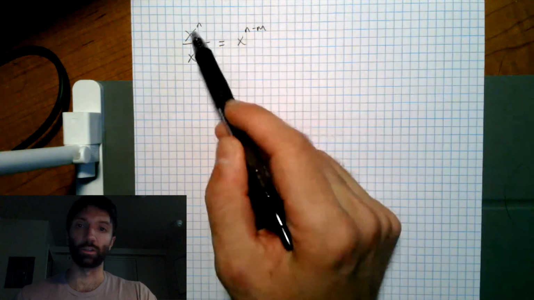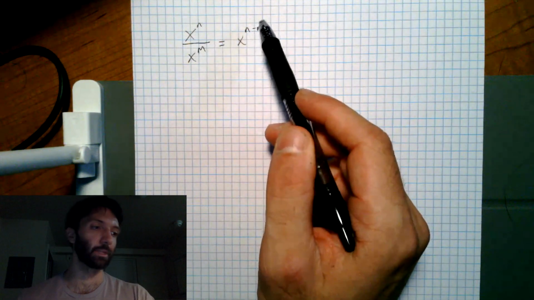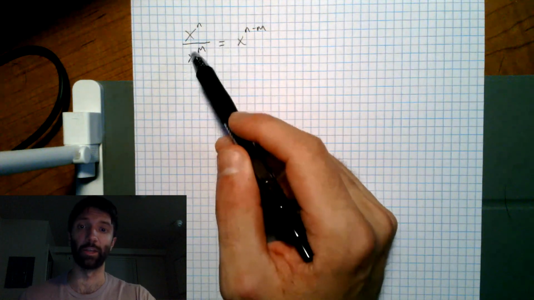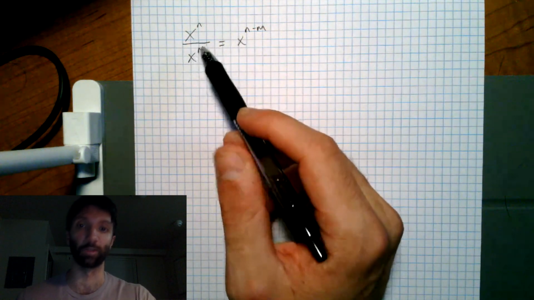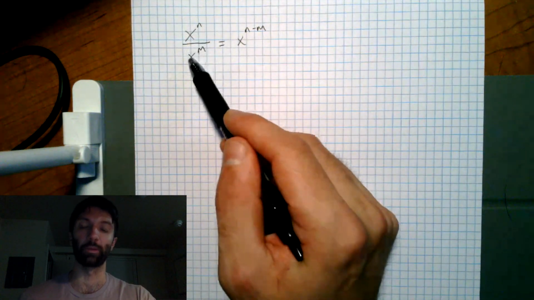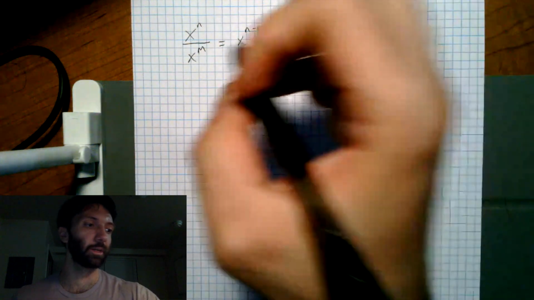So basically, if we're dividing powers with like bases, we can subtract the exponents. That's basically all this is saying. And it's very important to remember that you need like bases for this rule to make any sense, meaning this number has to be the same as this number. Alright, so let's go ahead and get into an example here.